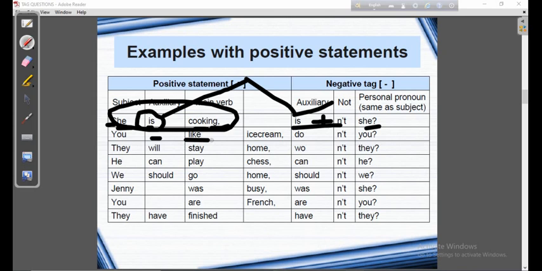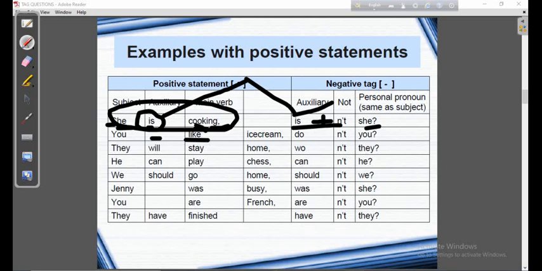But in the same case here, in question tags, as there is no auxiliary verb, we'll use operators do, does and did. If the main verb is in base form or non-s form, we will use do. If the main verb is in s form, we will use does, and if it is in past form, then it will be did.